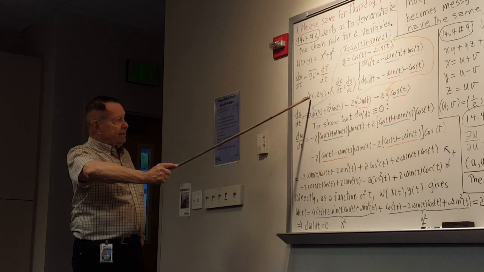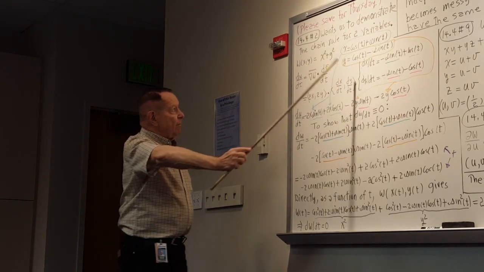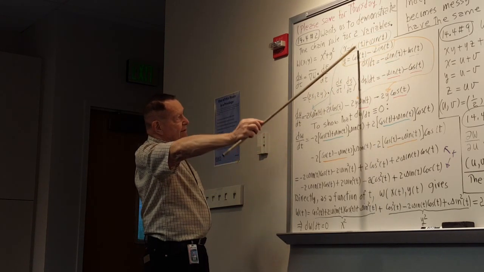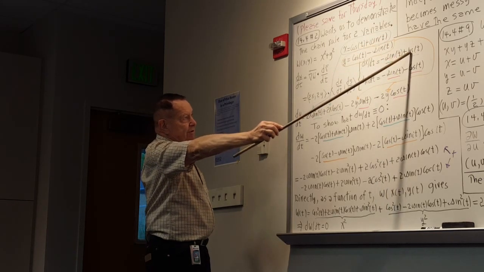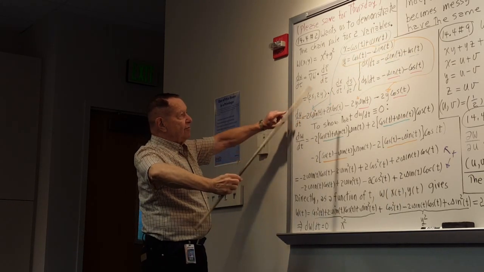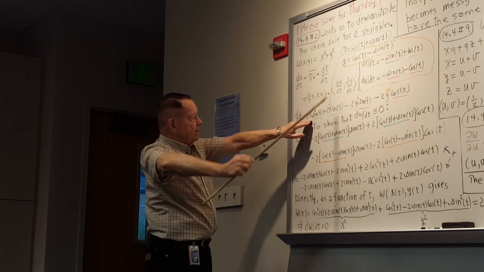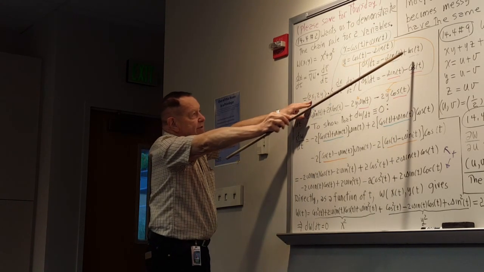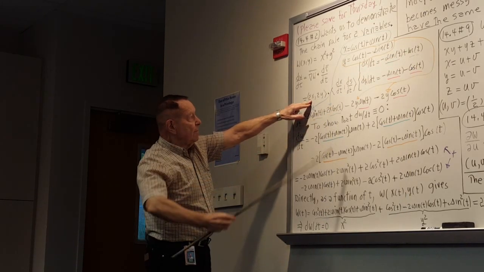So you see then it's going to be the 2x times dx/dt. Well, if this is your x, then here is your dx/dt. Cosine takes you to minus the sine, sine takes you to cosine. So then you have the 2x times that, which is how you get minus 2x sine. Then you have the 2x times that, which is how you get 2x times the cosine.